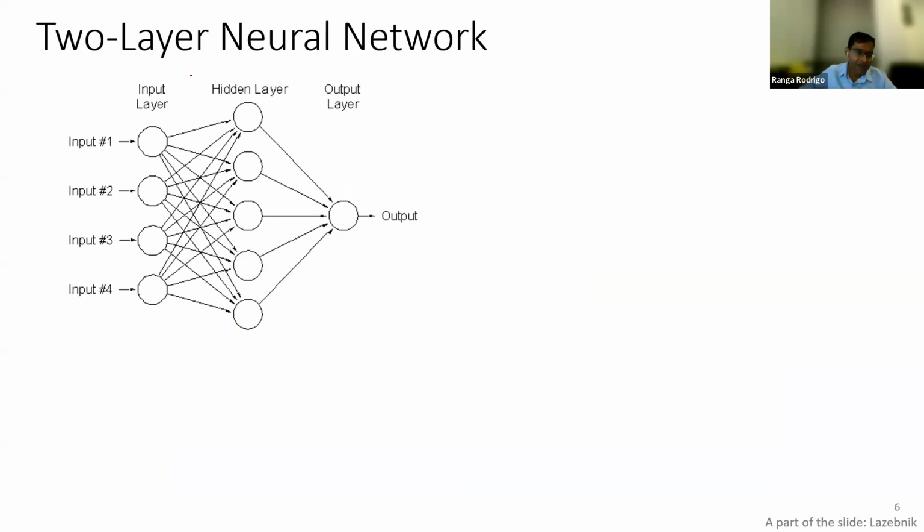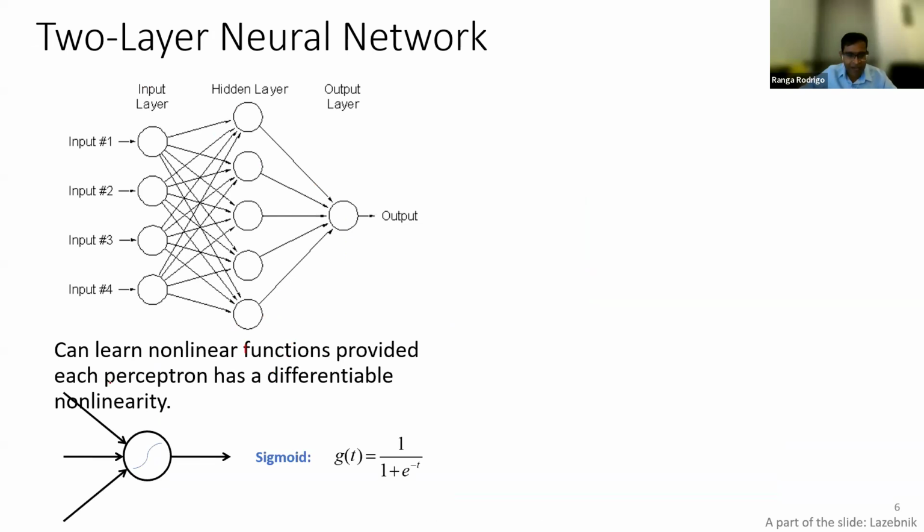But with neural networks, because these are identified as linear classifiers, they introduce hidden layers. But each of these nodes has to have a non-linearity. You can see this is the sigmoid function. This shape is like this. When t is minus infinity, e to the power of minus t is e to the power of a very large number, so it's a very large number, and 1 divided by it is 0.